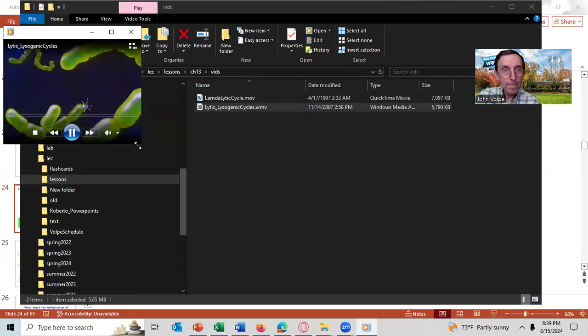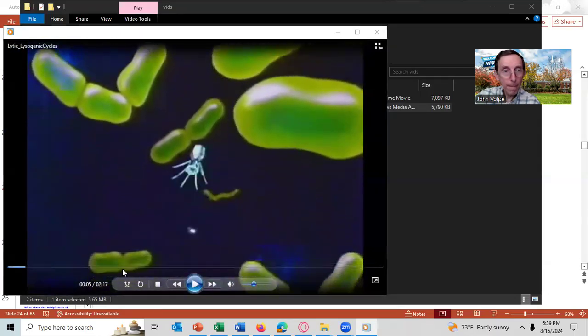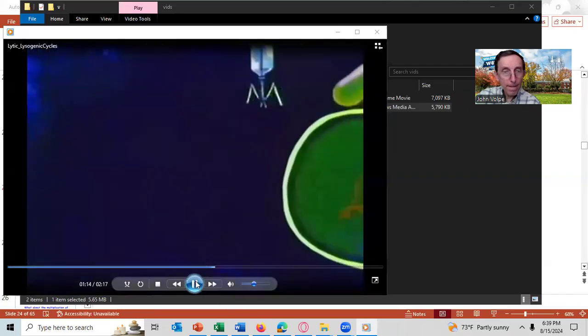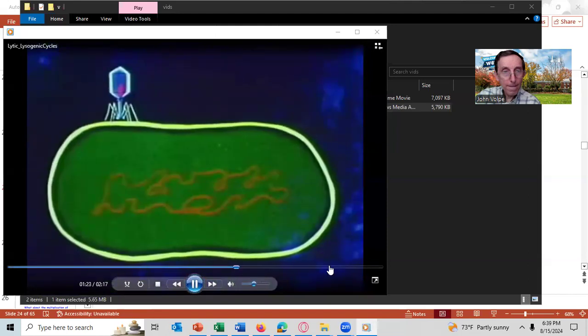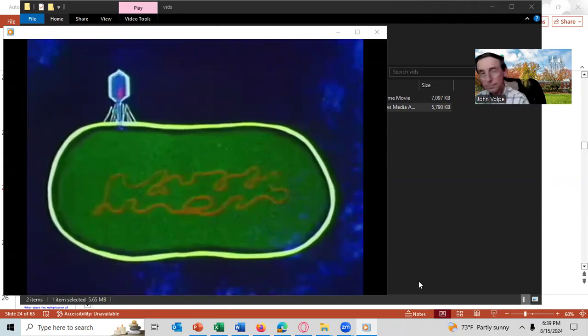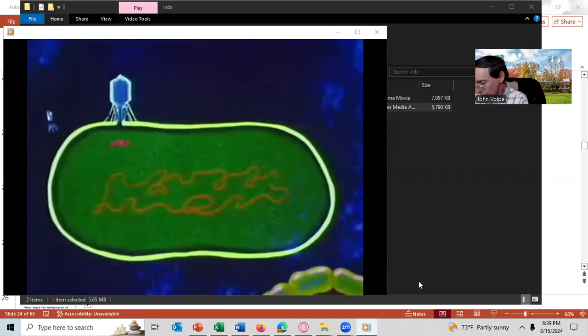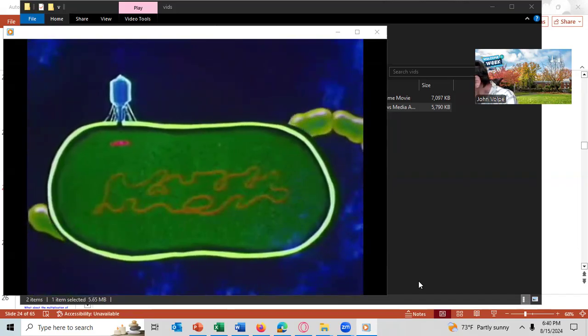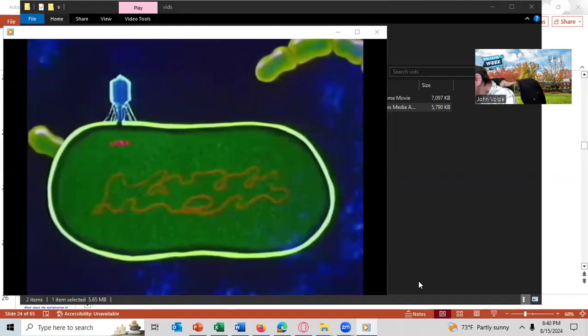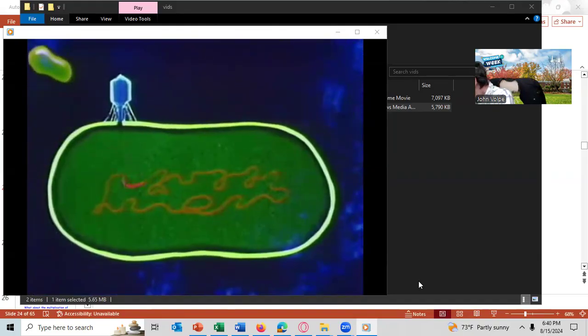Attacks the host. Single host cell. Cycles happen immediately. Sometimes, rather than producing virions, phage nucleic acid incorporates in the host cell DNA.